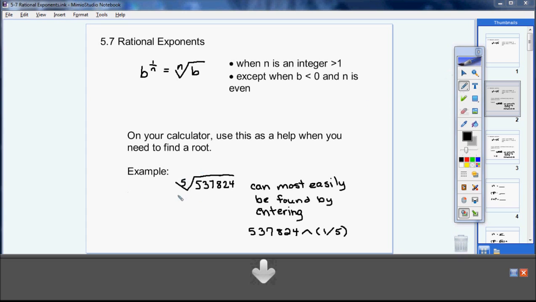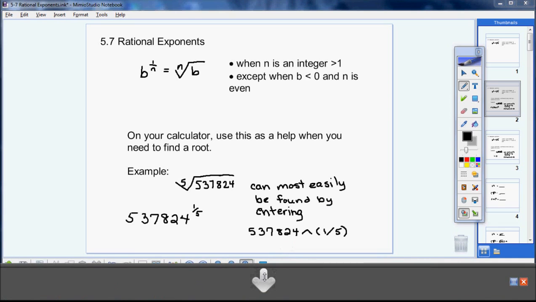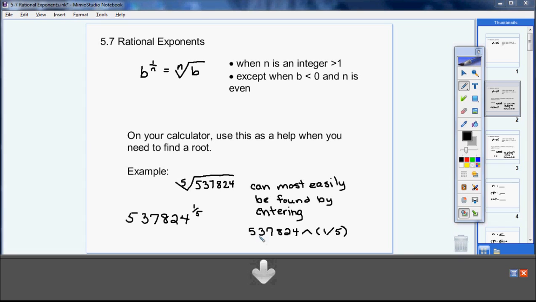So instead of being written like this, it could be written as 537,824 to the 1/5 power. In your calculator, rather than going down through the math buttons, you can find this by putting in 537,824, then using your caret and then writing in the fraction 1/5. It's just an alternate way of finding it.